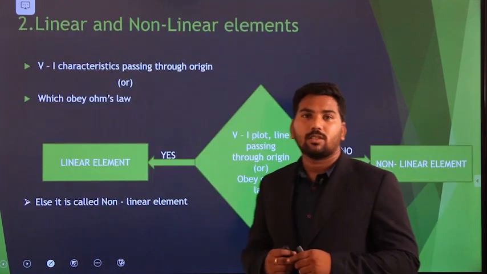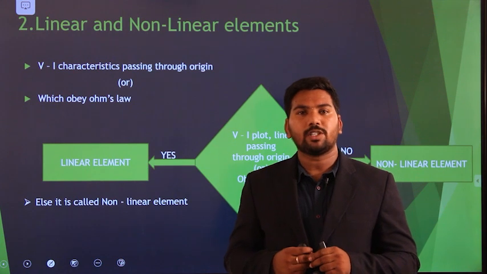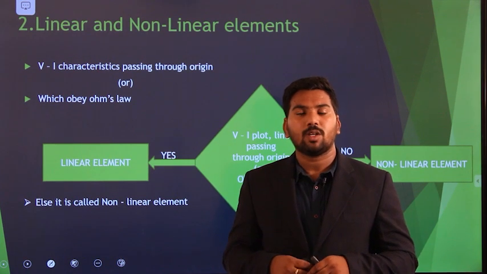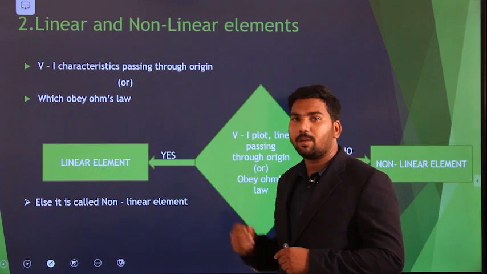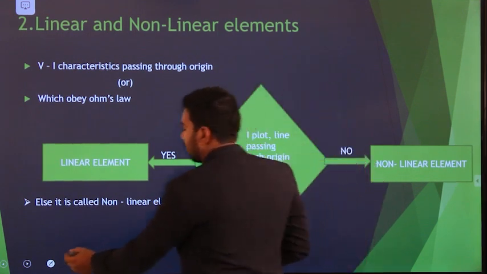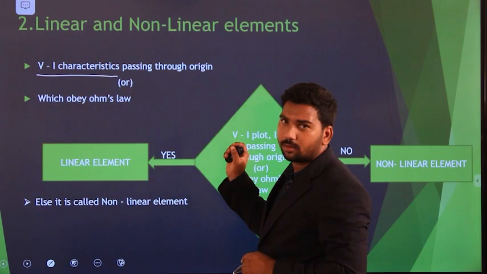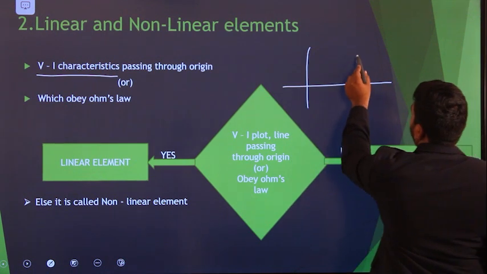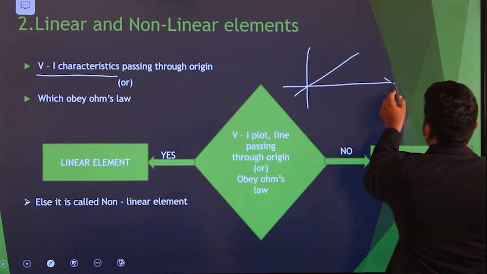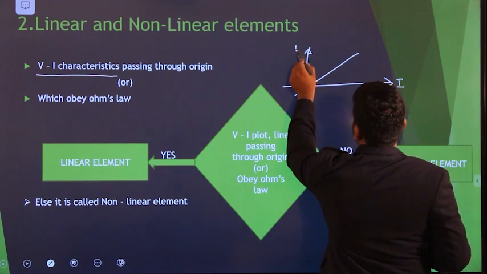Clear? Yes. Second one, linear and non-linear elements. What is a linear element? What is a non-linear element? We will see one by one. An element is said to be linear if its VI characteristics pass through the origin. Let me assume a plot between voltage and current. Assume this is current and this is voltage.